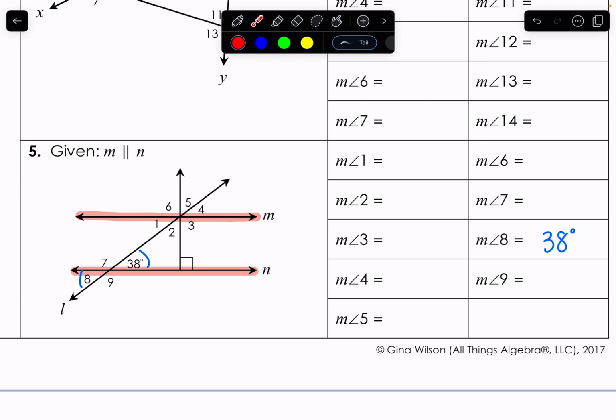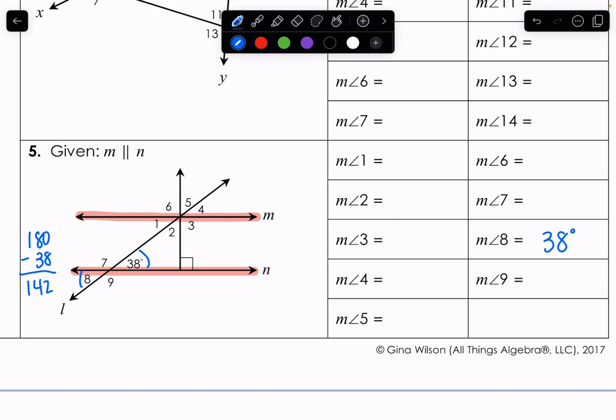All right, so then 38 and the 7 here create a straight line, meaning that they are supplementary. Supplementary angles add up to 180, so 180 minus 38, we get 142.